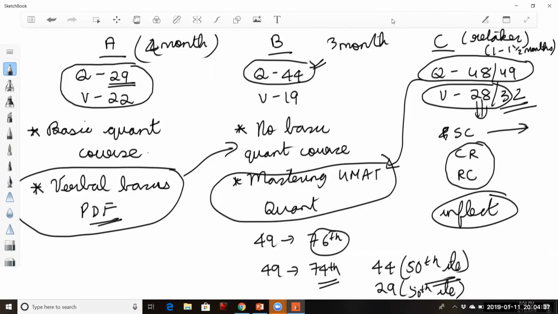So a retaker in the range of 630 to 650 and looking at a 690, 700 and above, then 1.5 months makes sense. But if you're a retaker with less than 600, then it's better for you to shift to the 3-month study plan, because your basics are in place, but you'll have to work a little more on other things.